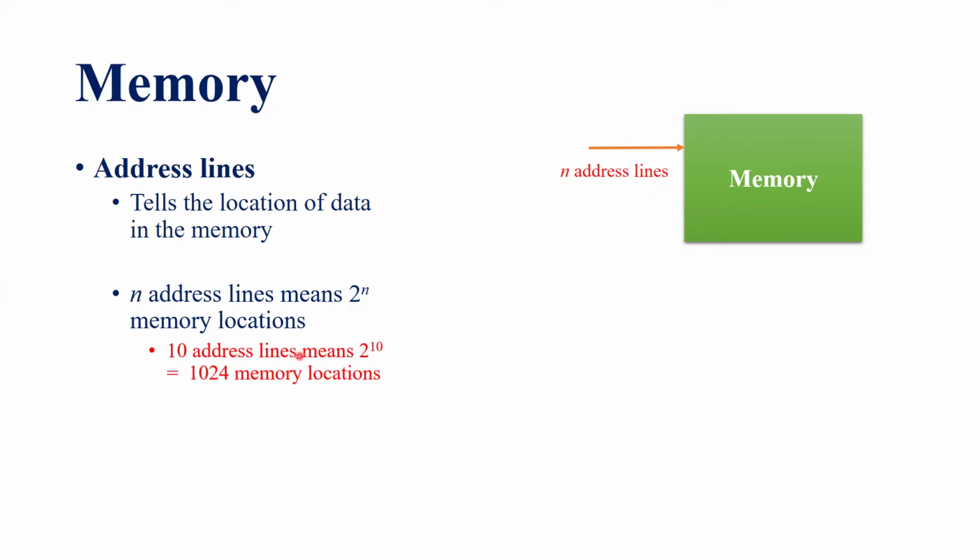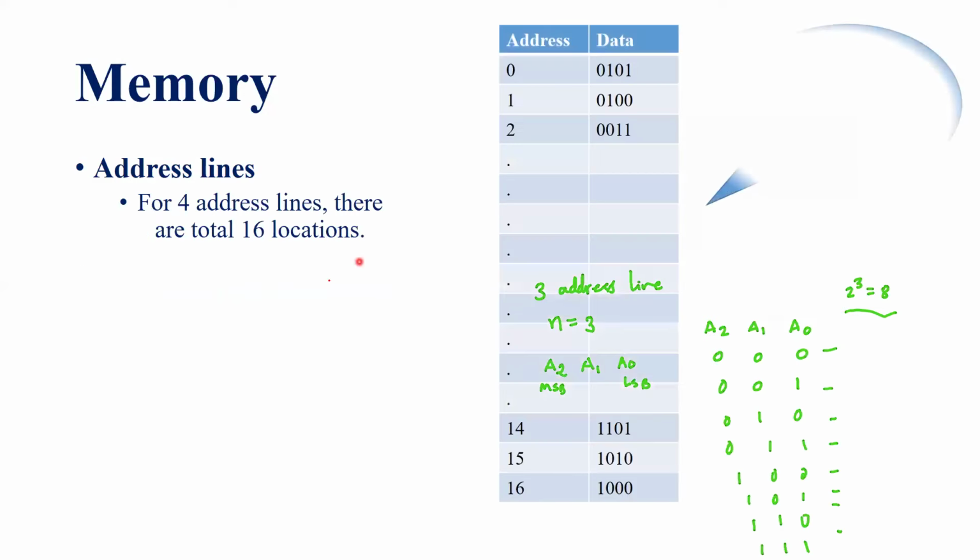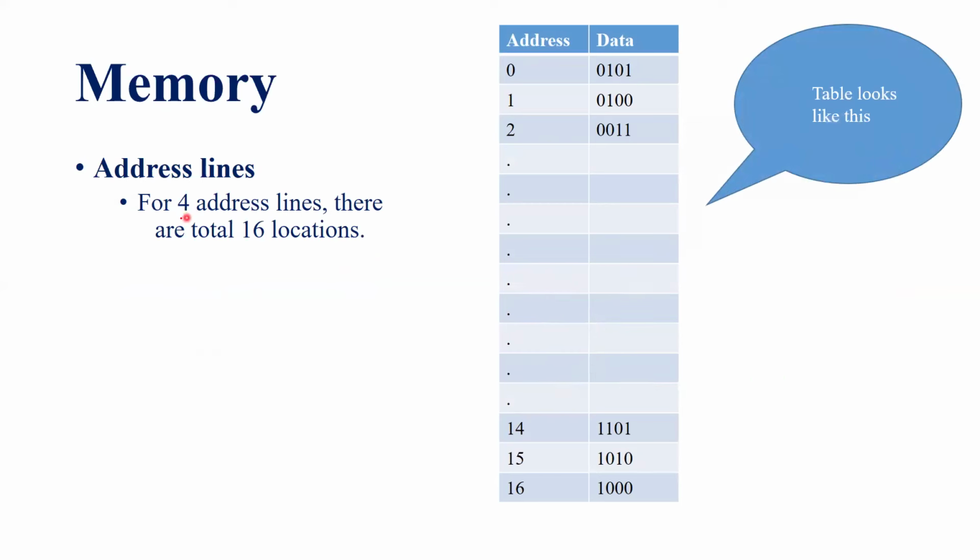2 comes because it's a binary system. So for example, if I say there are 10 address lines to the memory, that means you have 2 to the power 10, that is equal to 1024 memory locations. Similarly, if there are 4 address lines, n equal to 4 here, you have 2 to the power 4, that means the total number of memory locations is 16.